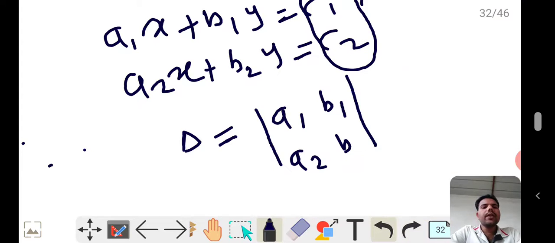Now we can easily solve this determinant to find the value of delta, as we have learned.